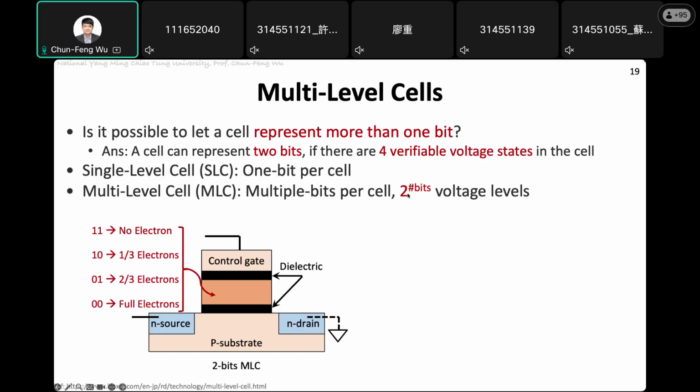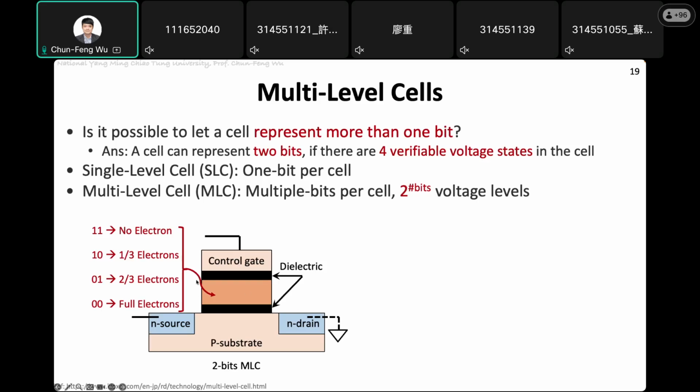If it is TLC, triple-level cell, then it will be 3 bits, so you need to differentiate voltage levels. Now people are talking about QLC, which is quite popular. When you go to the market, usually you will get a QLC. QLC means there are 4 bits, so you need to differentiate across 16 voltage levels inside this region.